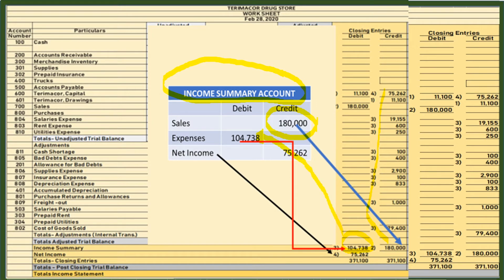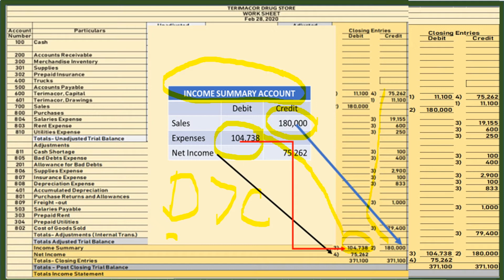So we have the sales as a credit in the income summary and the expense debit in the income summary. So when the debit is greater than credit, it means that expenses are greater than income, because what's in the debit in the income summary is the total of expenses.